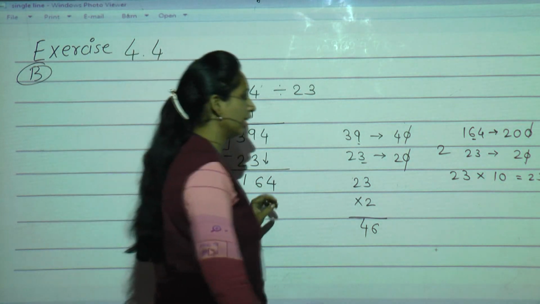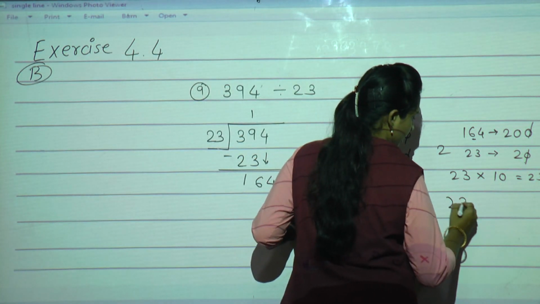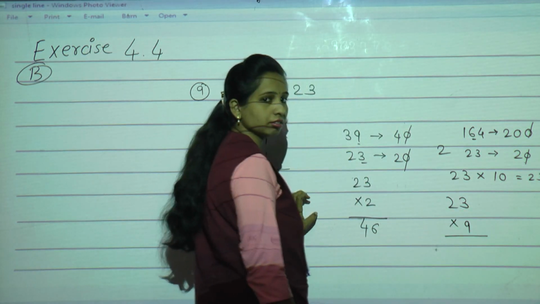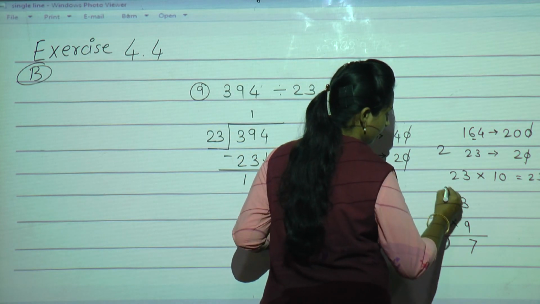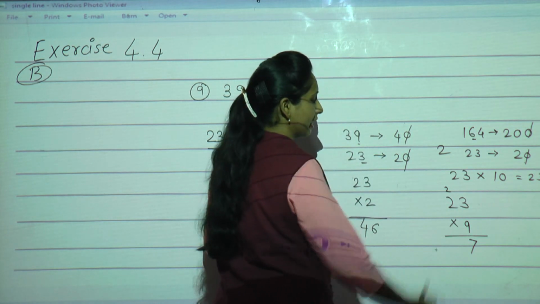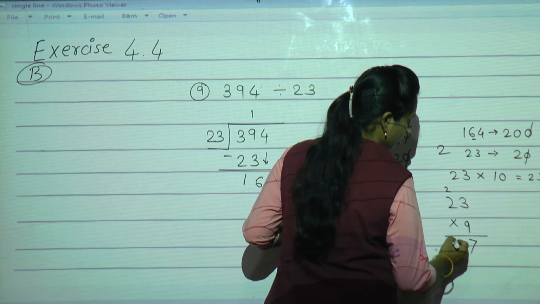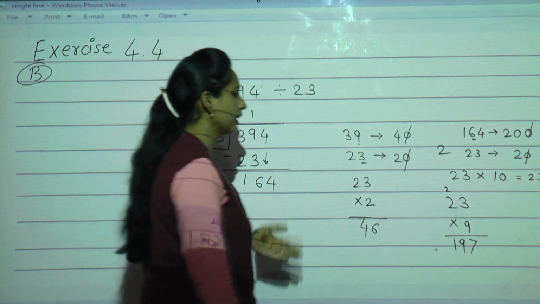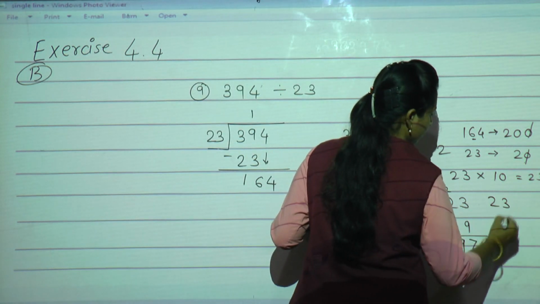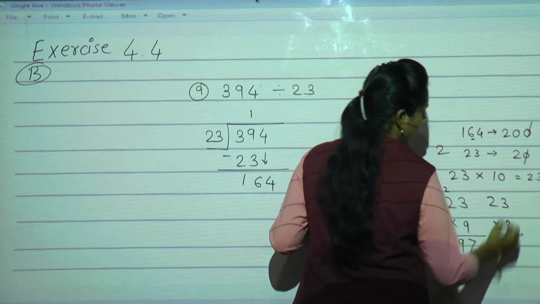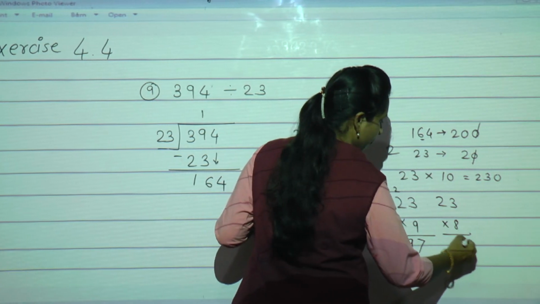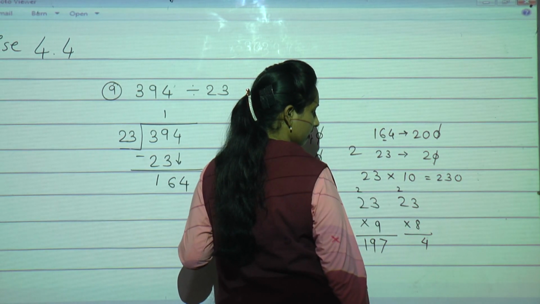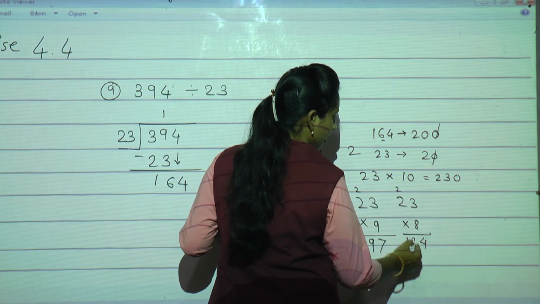Now I'll go with less than 10, that is 9. 9 3s are 27. 9 2s are 18, 18 plus 2. Yes, it's a greater number. Again I have to try. 23 times 8. 8 3s are 24. 8 2s are 16, plus 2, 18.